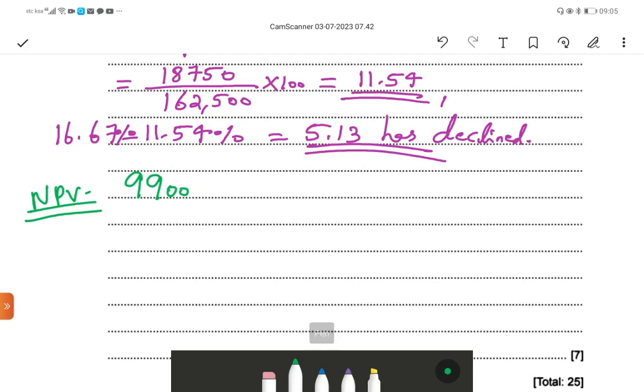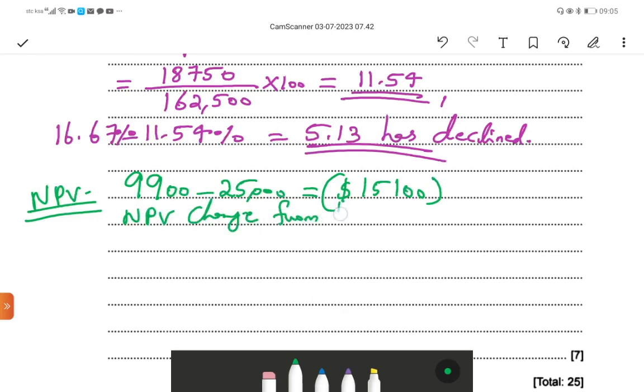Because before we deducted only 300,000, now it became 325,000 that we have to deduct. So the extra 25,000 we have to deduct from the net present value. It becomes minus $15,100. So the net present value changes from positive to negative.